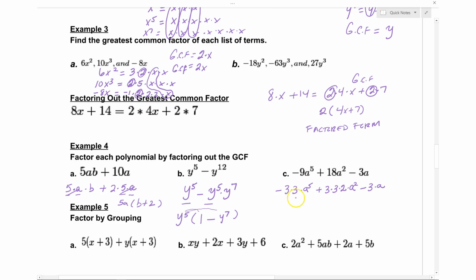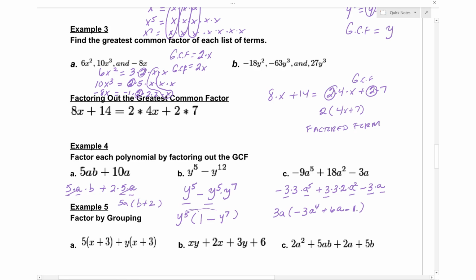And you notice they do have one 3 in common, and they only have one a in common. So when you factor out the 3a, you're left with negative 3a to the 4th plus 6a, and this is where a lot of students make mistakes. So it's minus, and we're going to have a 1 here.